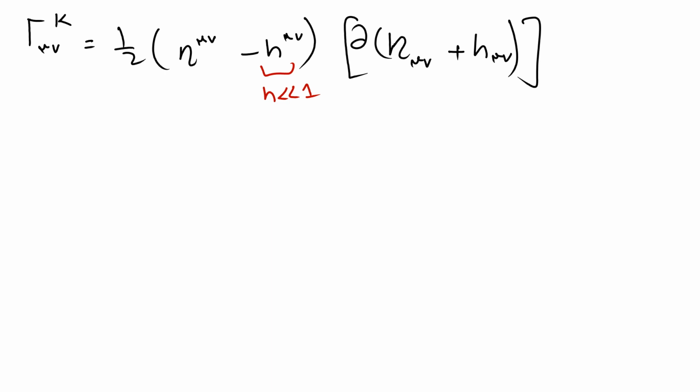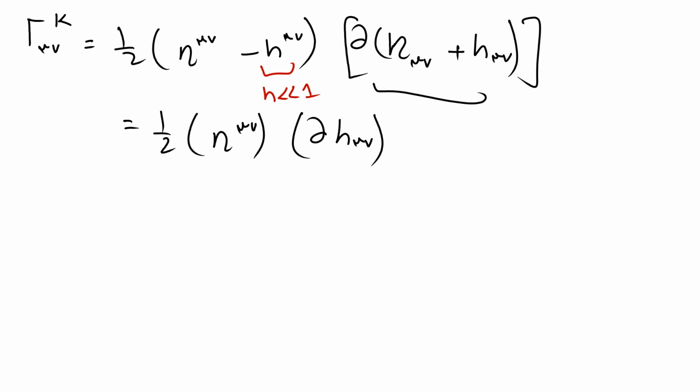So we can write this equation as 1 by 2. If this term is very, very less than 1, definitely we can ignore it. Rho mu nu, and this term can be expressed in short form as partial h mu. Why? Because in the previous slide I said that this term is equal to 1. The reason is that from a very far distance this rho mu nu looks just like flat space, which means the value is 1.